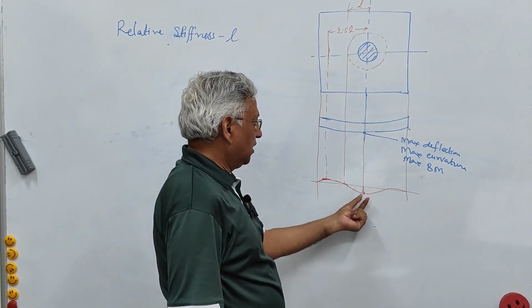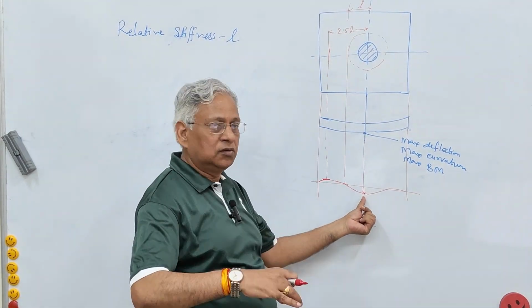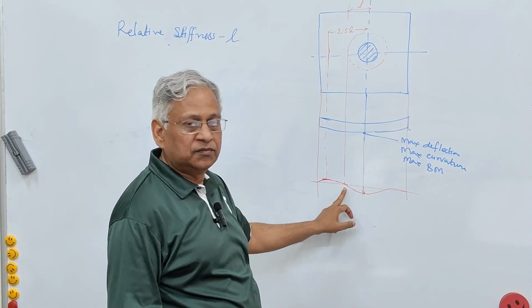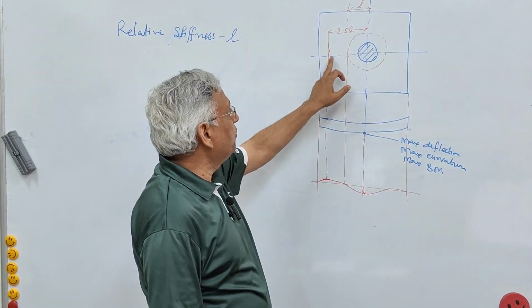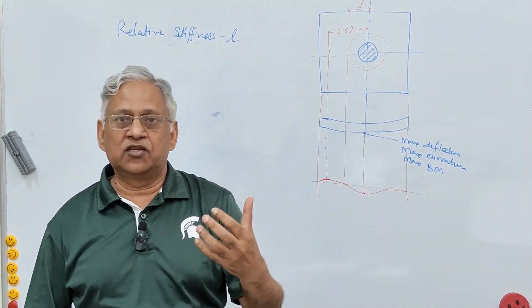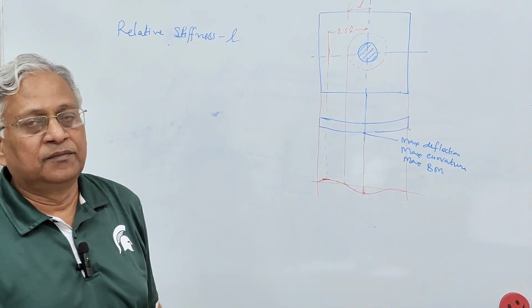Maximum bending moment will occur at the center, that is below the load. At a distance equal to L, bending moment will be 0. And at a distance equal to 2.5 L, there will be reverse bending and maximum tensile stress will occur at the top of the slab.